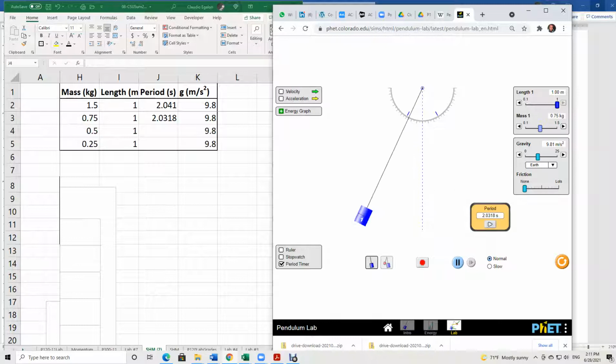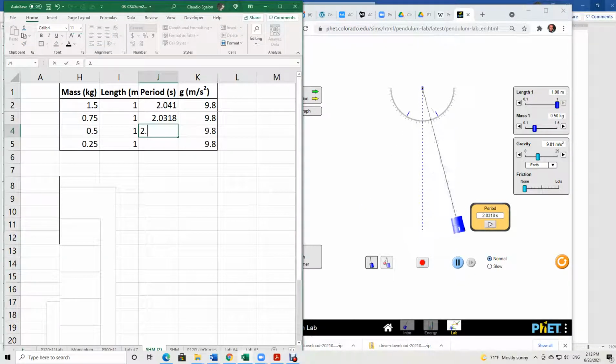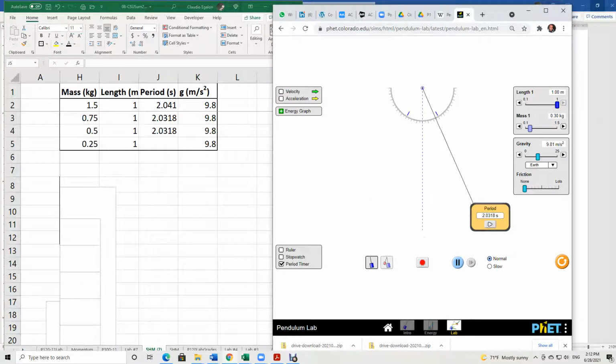Let's do half kilogram right here. Start. 2.0318. Oh, same as before. And we're gonna go to 0.25 kilograms.